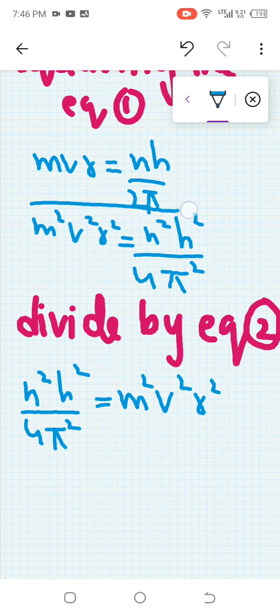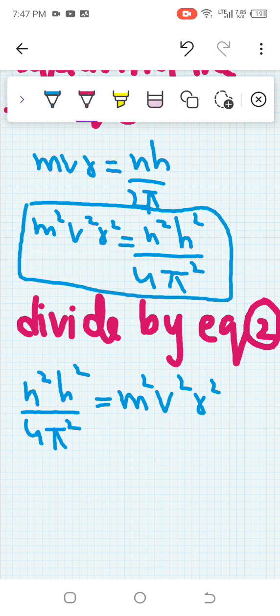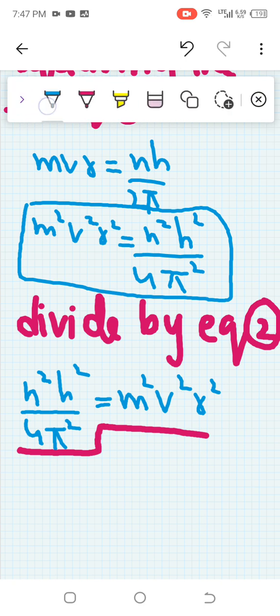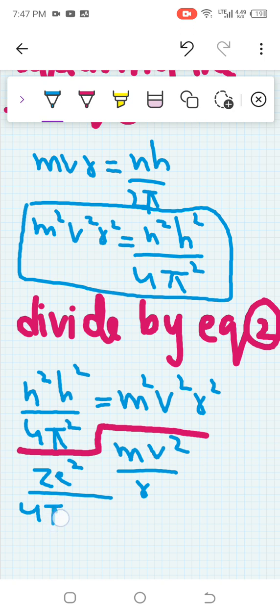Now I'm going to divide this equation by the second equation, that is mv square over r, which equals Ze square upon 4 pi epsilon r square.